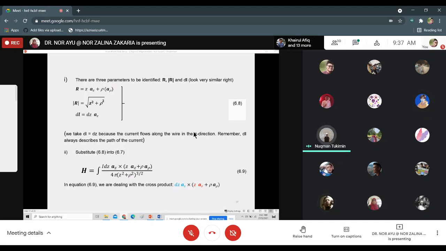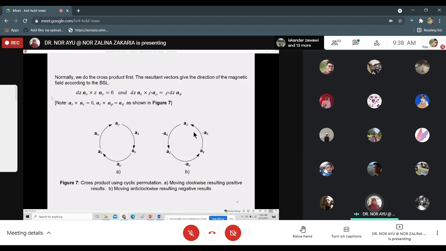Az cross dengan arrow, kamu akan dapat a phi. So kamu kena tulis dia balik. Dz az cross dengan z az kamu akan dapat 0. Dz az cross dengan rho arrow kamu akan dapat rho dz a phi.